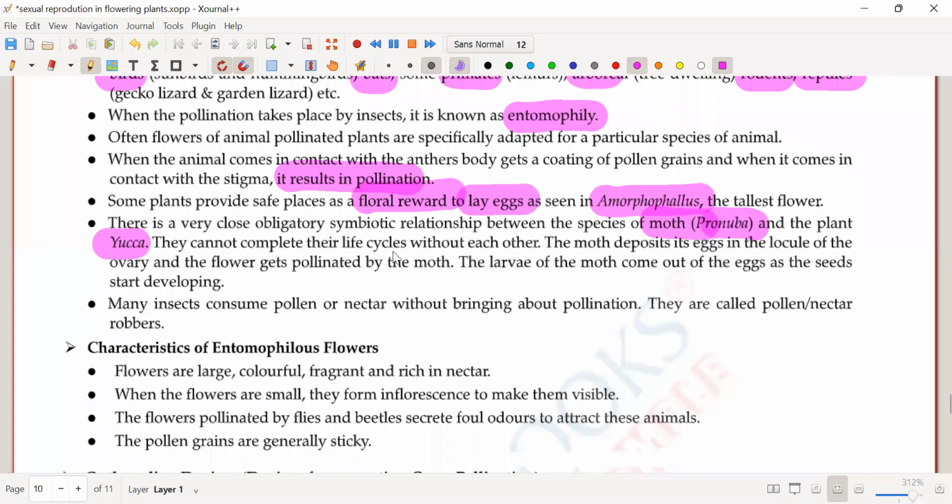They cannot complete their life cycle without each other. The moth deposits its eggs in the locule of the ovary, and the flower gets pollinated by the moth.